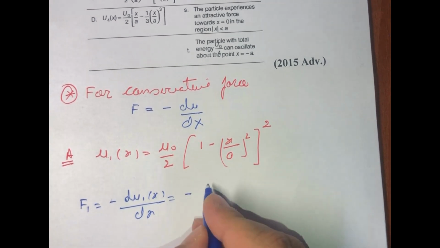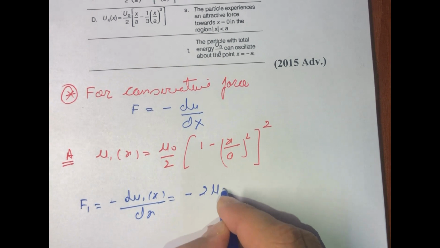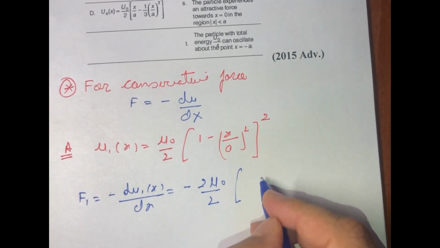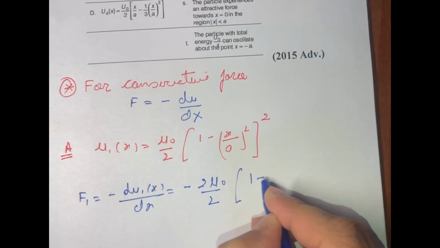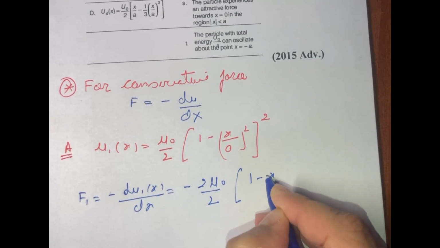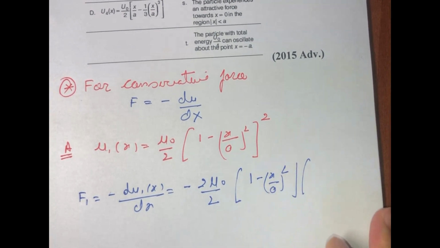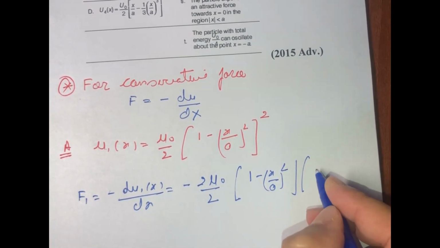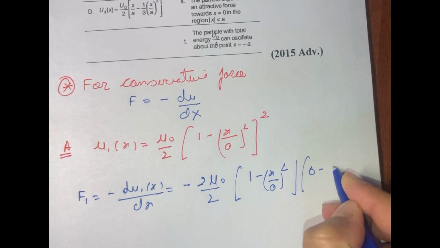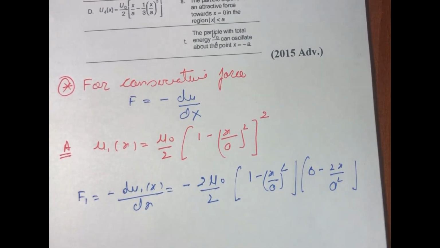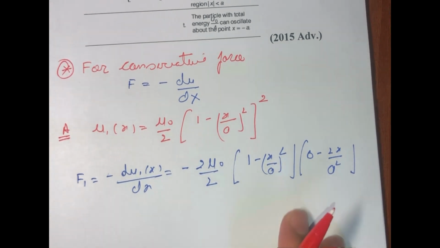This will be minus 2U0 divided by 2, times (1 minus x squared over a squared), multiplied by 0 minus 2x upon a squared.